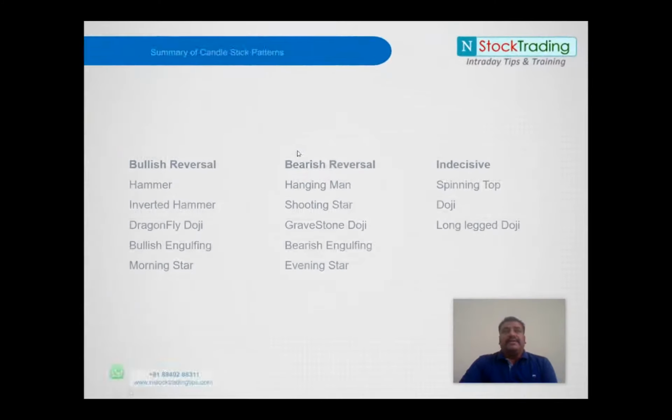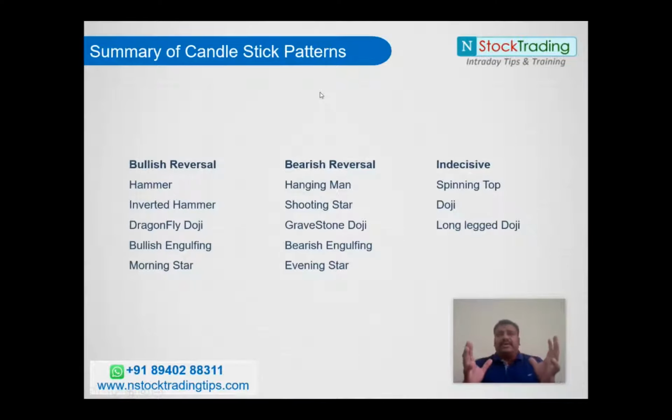Fine. Now, I want to tell you this. So far, we have seen a lot of different types of candles: single, two, and three. I've just categorized them together, for reversals and indecisive situations. For bullish reversals, we have the hammer, the inverted hammer, the Dragonfly Doji, the Bullish Engulfing, and the Morning Star. And for bearish reversals, we have the Hanging Man and the Shooting Star.